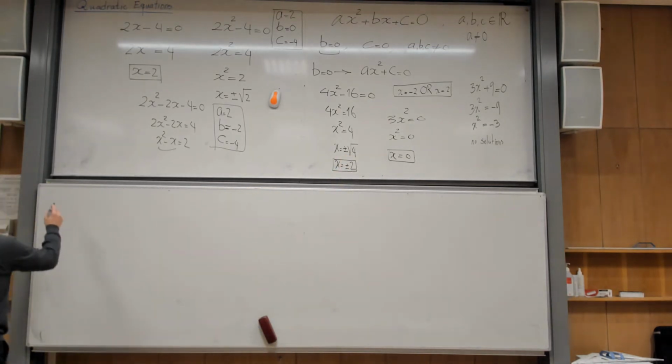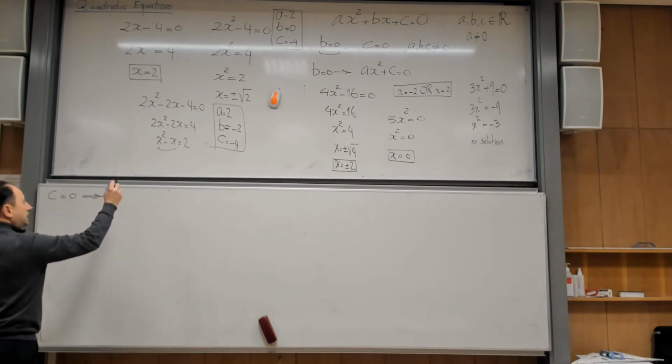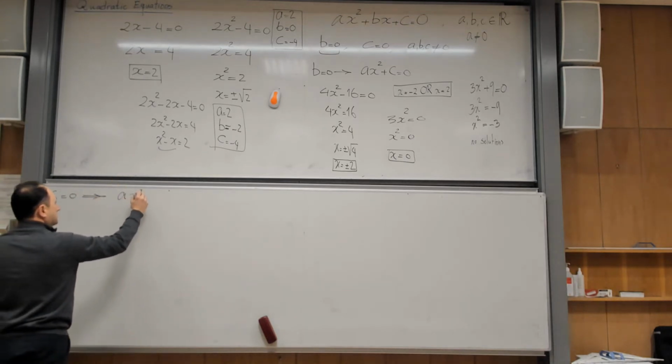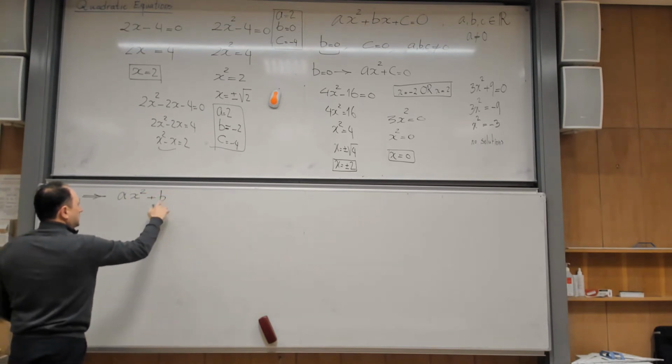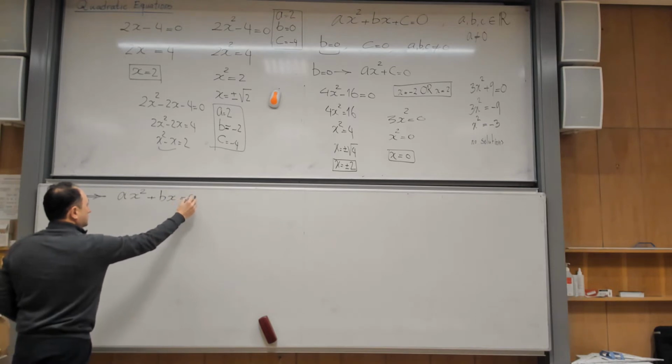Okay, so what happens? If c is equal to 0, then the equation that I will have only consists of two terms. One quadratic term and then one linear term equals 0.